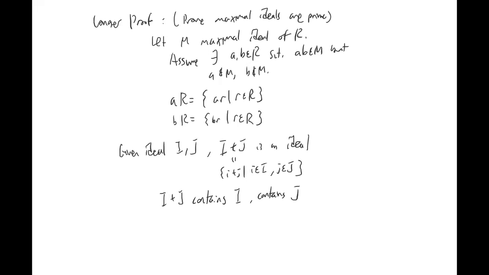Because here I could take j to be 0, then i plus 0 is i for all i, so we contain every element in I. Similarly, I could take i to be 0, and then 0 plus j is j, so we contain every element in J. So is everyone convinced that the sum ideal contains the original two?